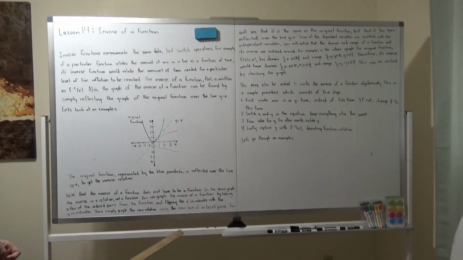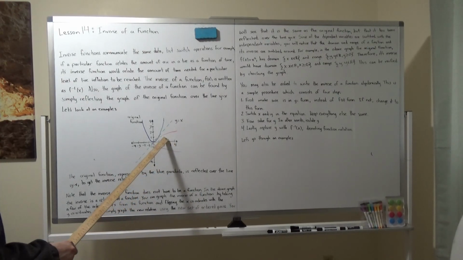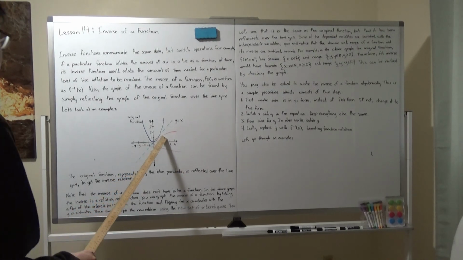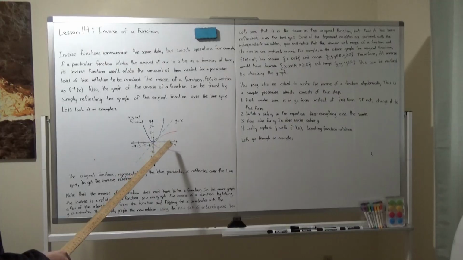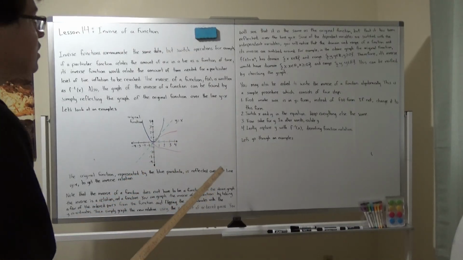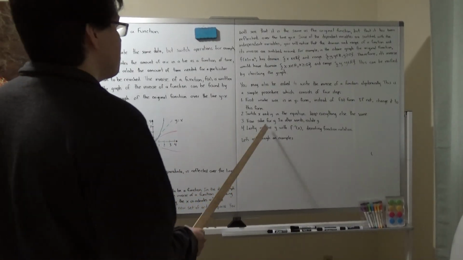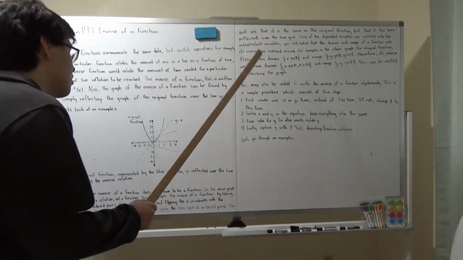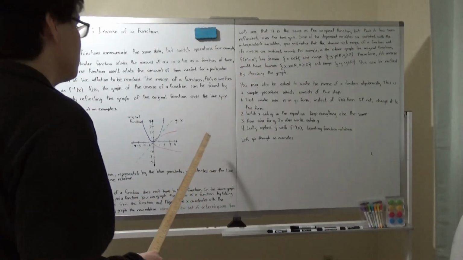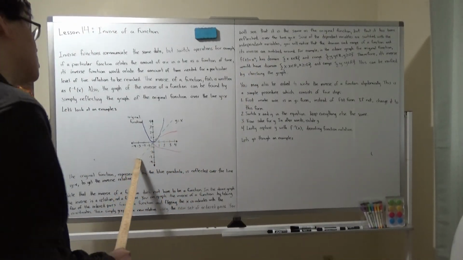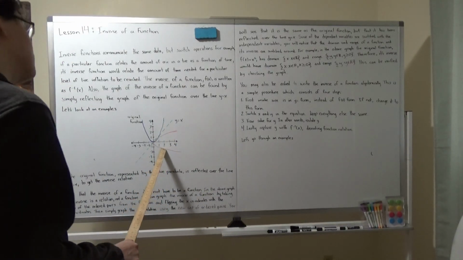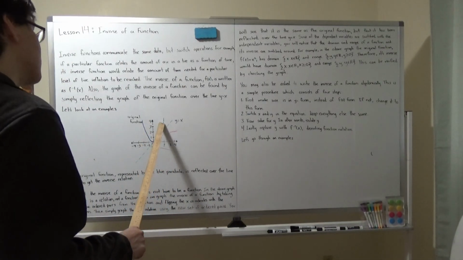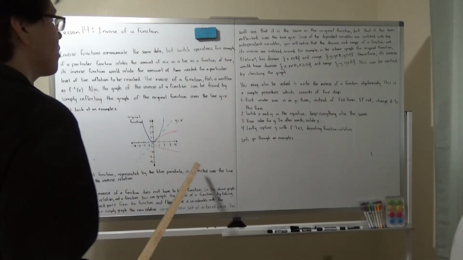Then we simply graph the new relation using the new set of ordered pairs. You will see that it is the same as the original function, but it has been reflected over the line y equals x.